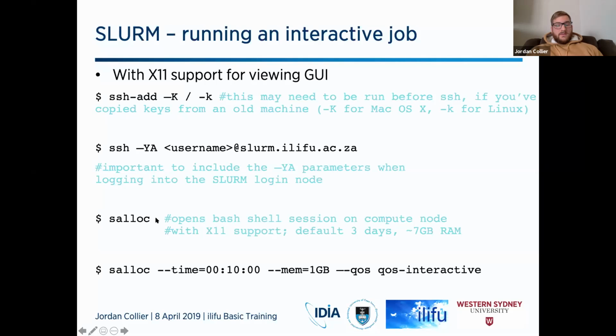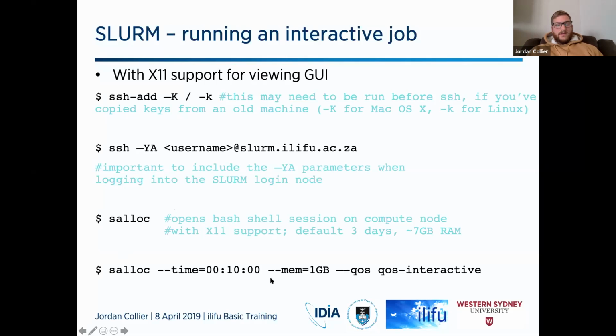You would then run salloc, and this will, again, put you on a compute node with the default arguments, but with X11 support. Or you could, if you want to increase the likelihood of your job running immediately, then you could pass in parameters like this.